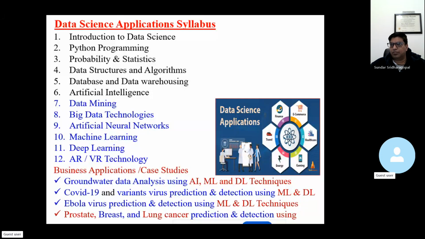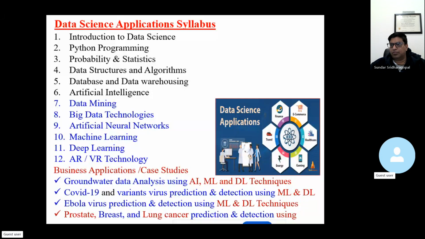Then, in the same way, Ebola virus prediction and detection. And in Western countries, usually breast cancer, prostate cancer, lung cancer, skin cancer prediction and detection by using ML and DL techniques. These are the real-time case studies I am going to demonstrate with practical sessions.